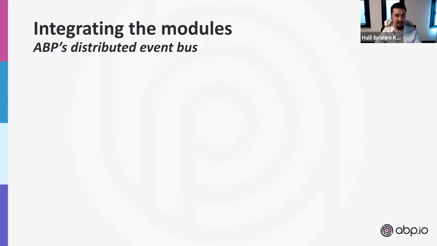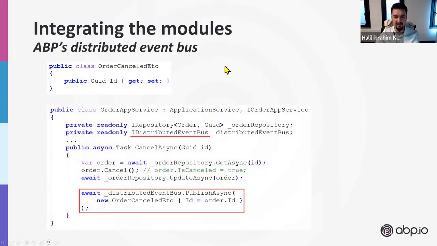We can use ABP's distributed event bus easily. To do that, we just create a class that stores the event data. We call it an event transfer object in the ABP framework, a name invented by our team.